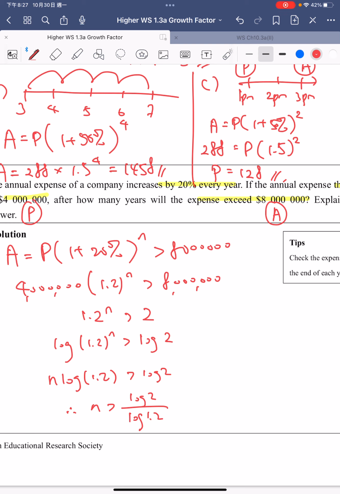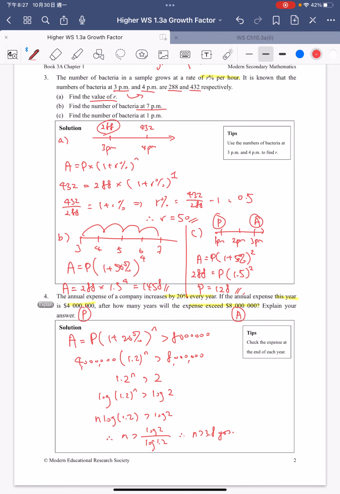Using your calculator, you get n is greater than 3.8 years. As the year should be an integer, n is equal to 4. So after 4 years, the expenses are going to exceed 8 million.